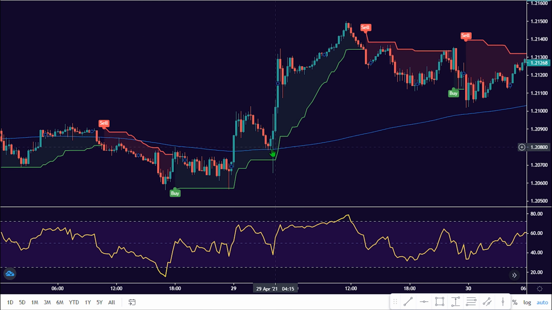The same action occurred here. We can see the Supertrend green indicator crossed above the 200 moving average. The trend moved higher. And in relation to the RSI at this first crossover, we can see the RSI was trading above the 50 scale value here.